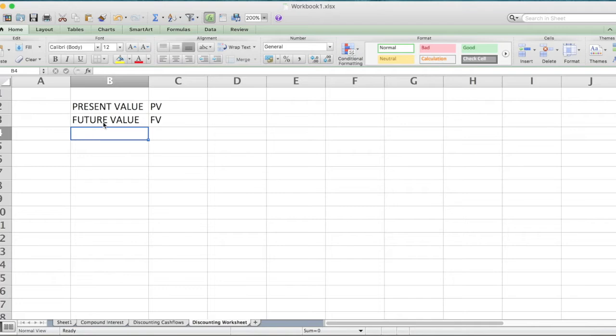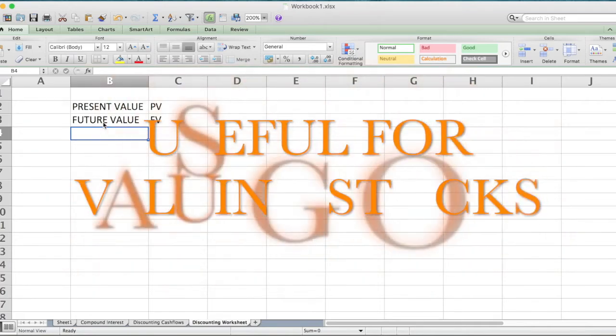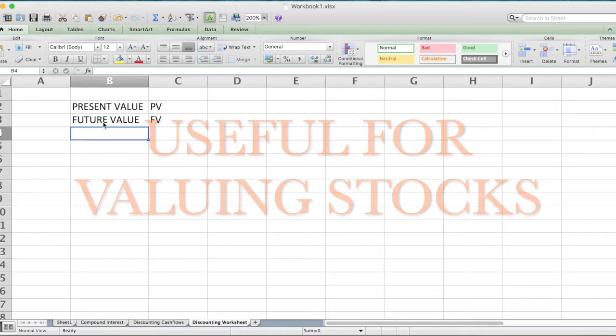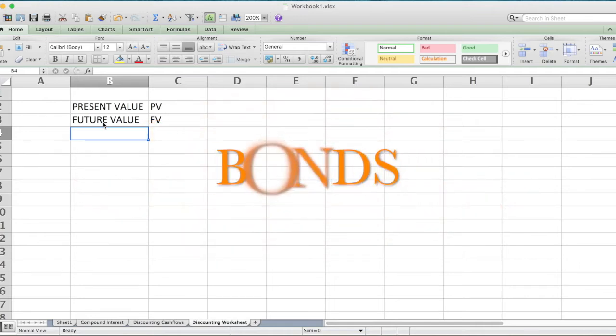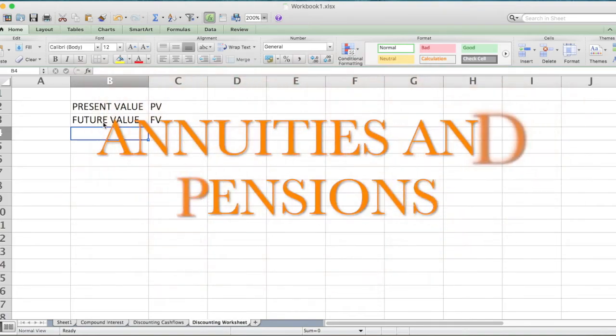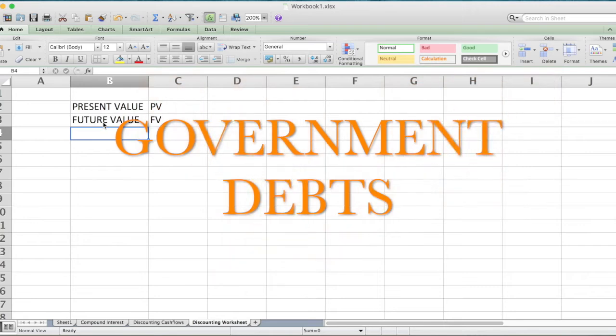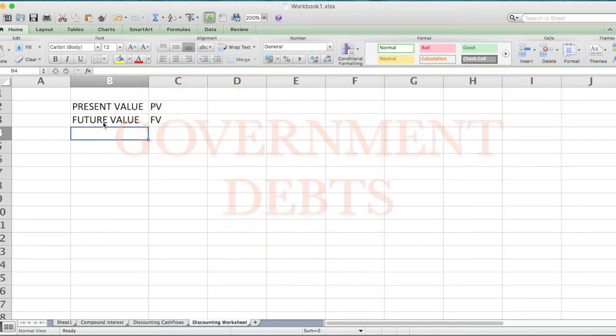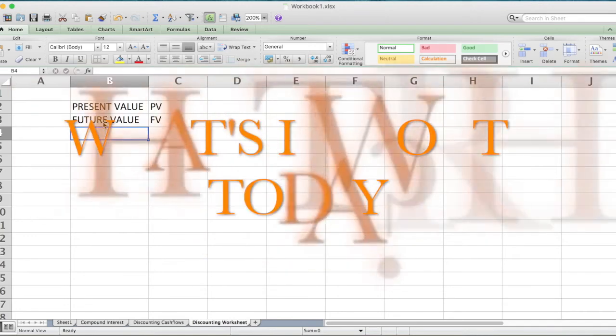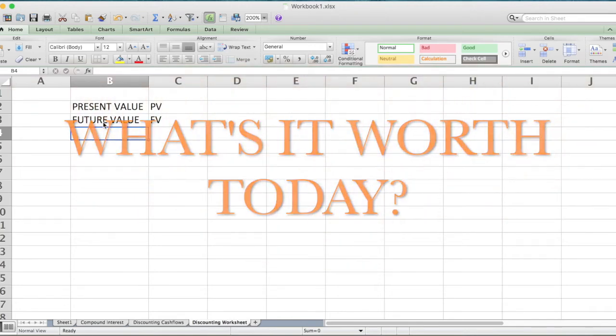This is super relevant for, well, it's the fundamental skill of valuing stocks and bonds. It's also relevant for understanding something like the value of an annuity or a future pension payout or government obligations due in the future like Social Security or Medicaid obligations. It's anytime we know what something's worth in the future, but we'd like to know, well, how much is that really worth in today's terms?